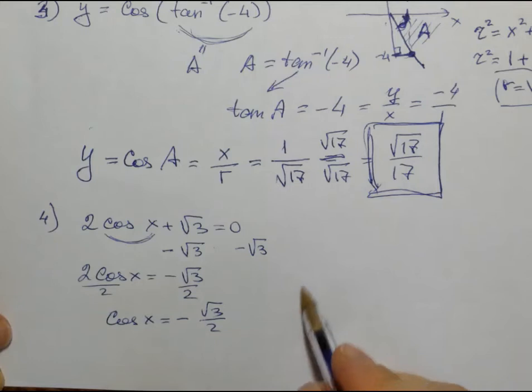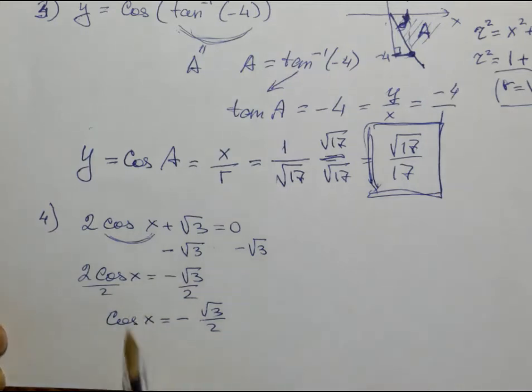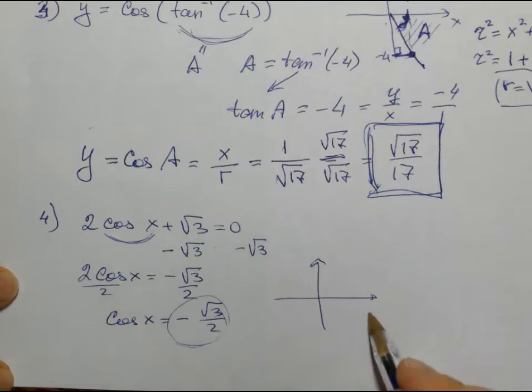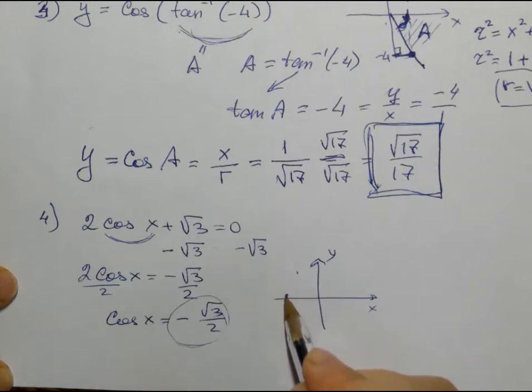In the last step, let us find all values of x that have this value of cosine. Look at the unit circle. Cosine is negative in the second and the third quadrant.